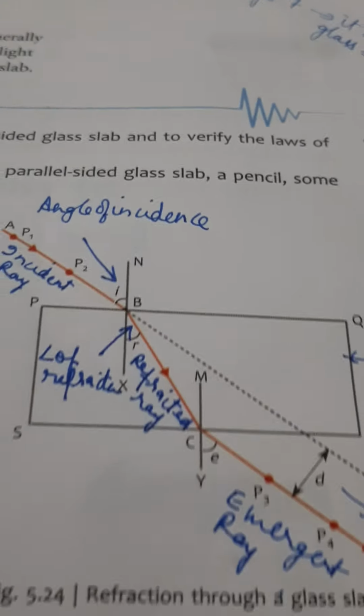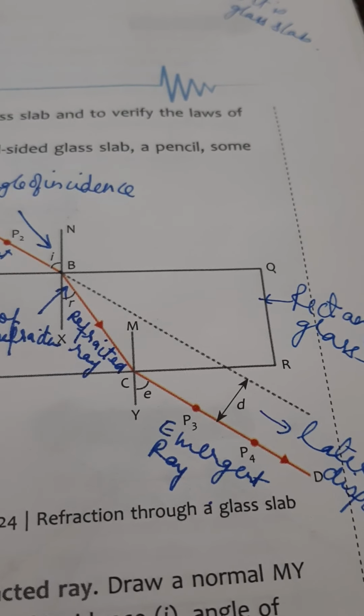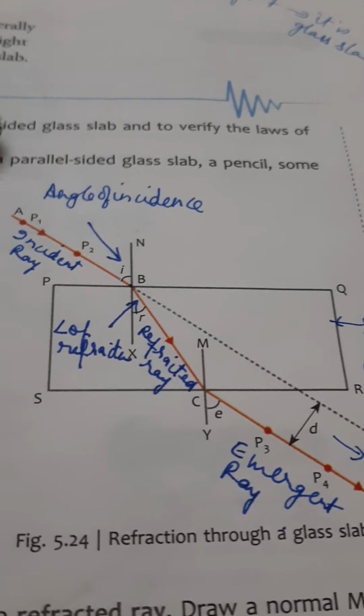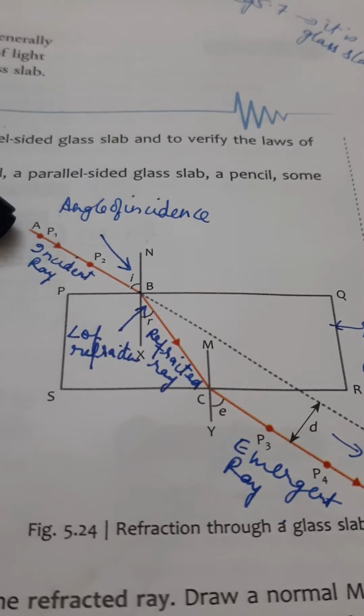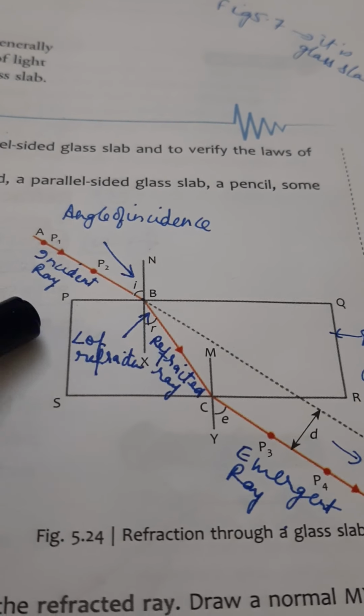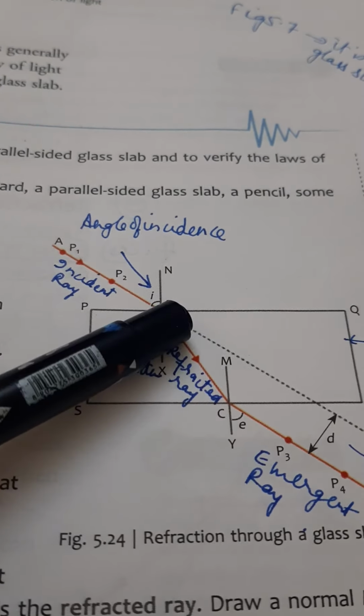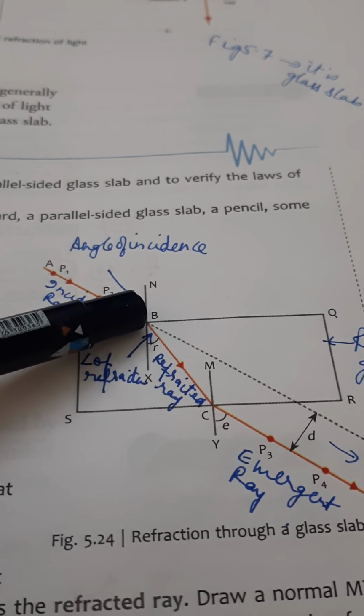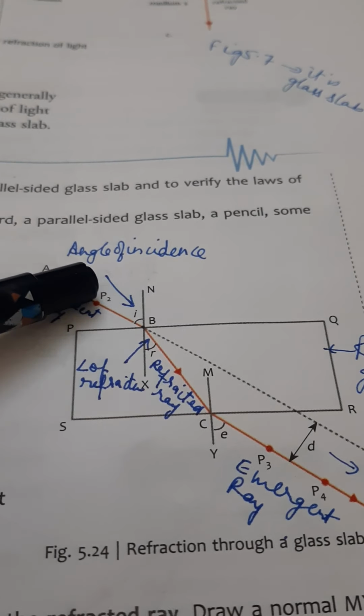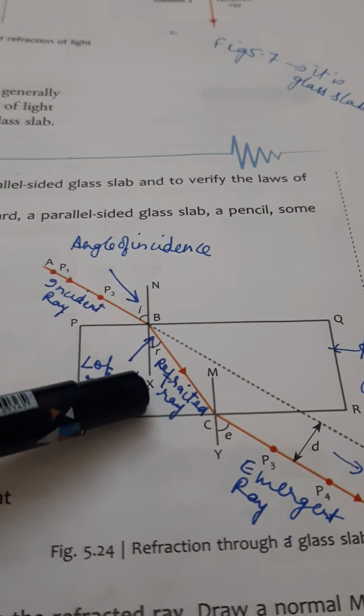You may be asked to draw the diagram in the exam to show the refraction of light through the parallel sided glass slab. Now PQRS is a glass slab. A light ray AB, coming through the air, is incident at the surface of separation PQ. So AB becomes the incident ray, and as it is traveling from the rarer medium to the denser medium, glass being denser, it bends towards the normal.